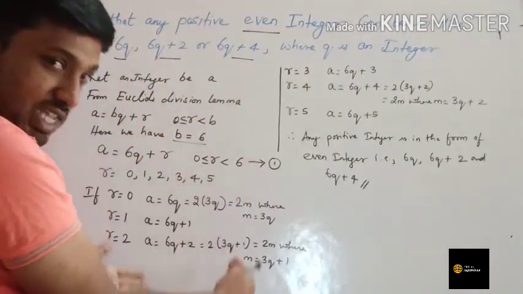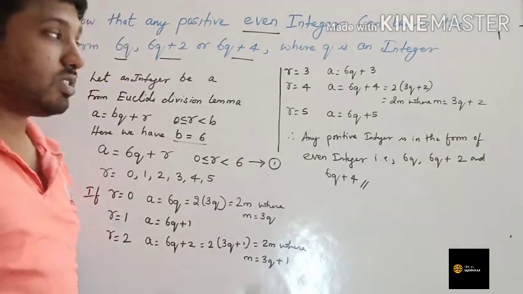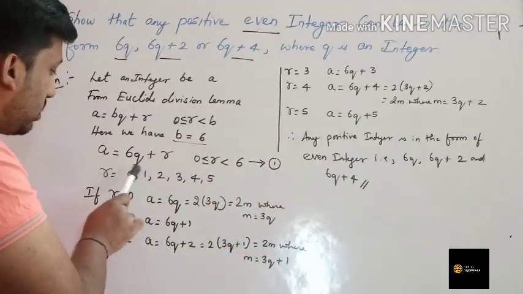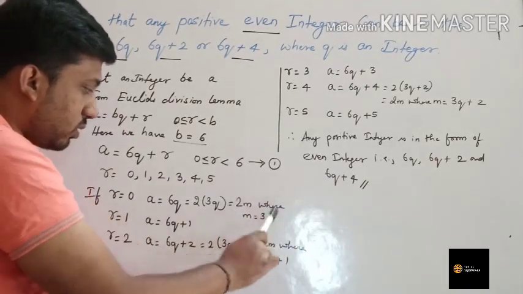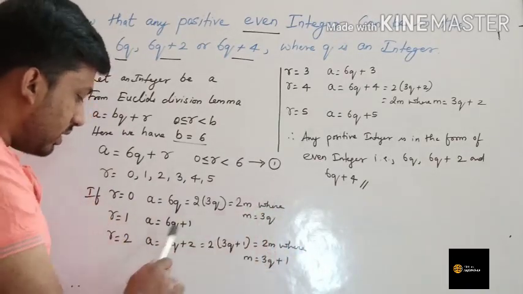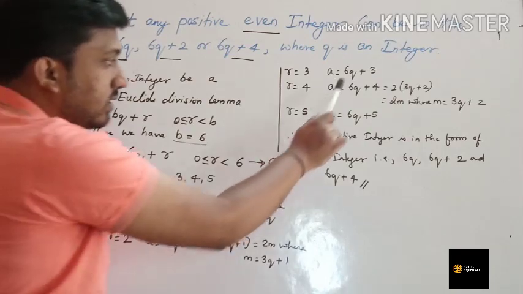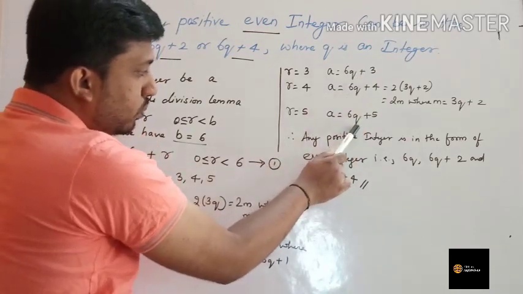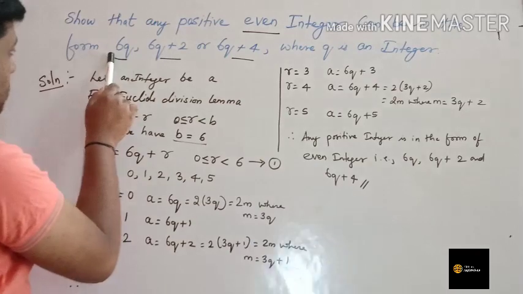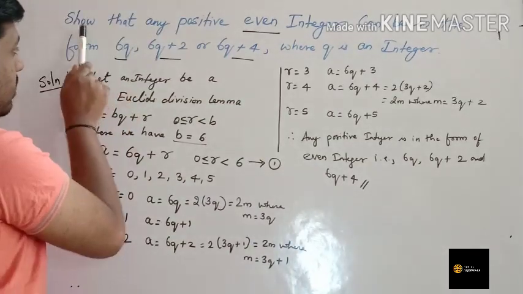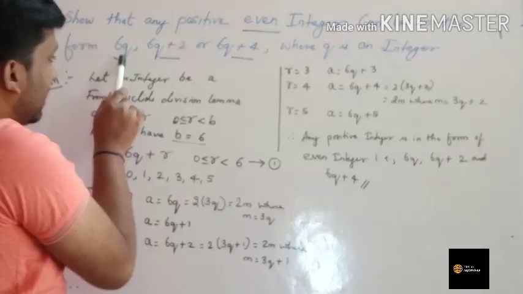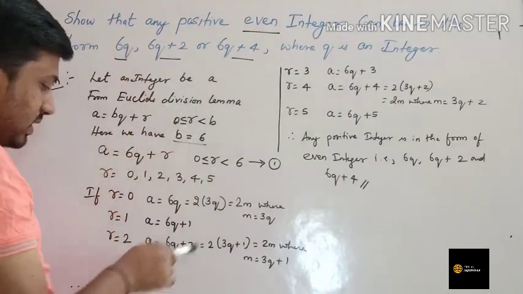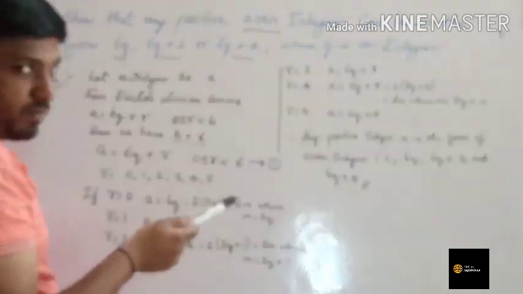Then you need to do the same steps, but you need to change the sentence. Here 6q is even, so this is not odd. 6q plus 1 is odd, 6q plus 3 is odd, 6q plus 5 is odd. So the question changes. It tells that, show that any positive odd integer can be in the form of 6q plus 1, 6q plus 3 and 6q plus 5.